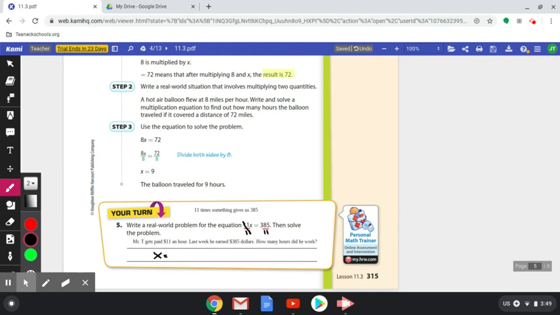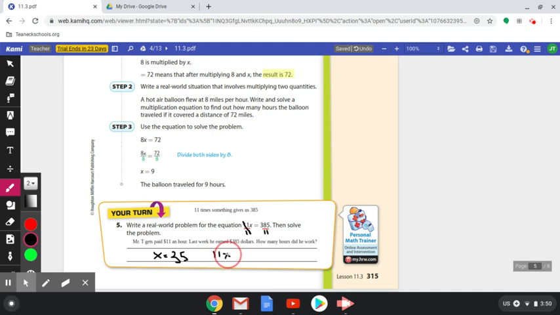Well, here's a point where you can pause, try it, and then check back with me. Because here it is. 385 divided by 11 would give you 35. So that means how many hours did I work? I worked 35 hours.